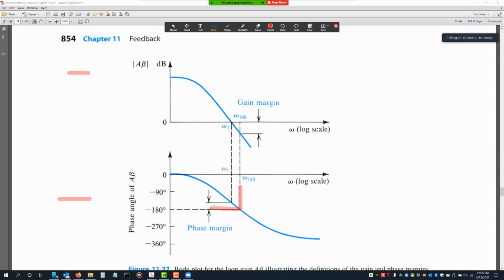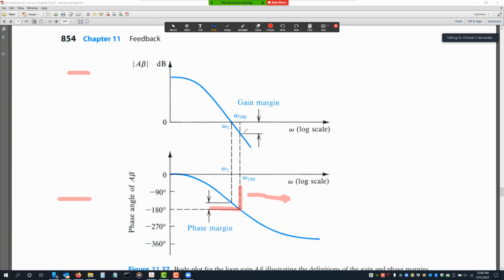Now, at that frequency, you want the gain to be negative, going this way, because now you're going to have more of a negative phase.